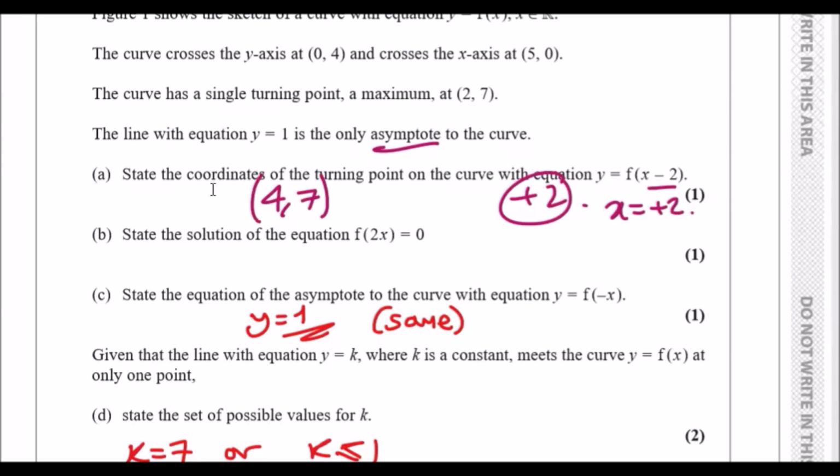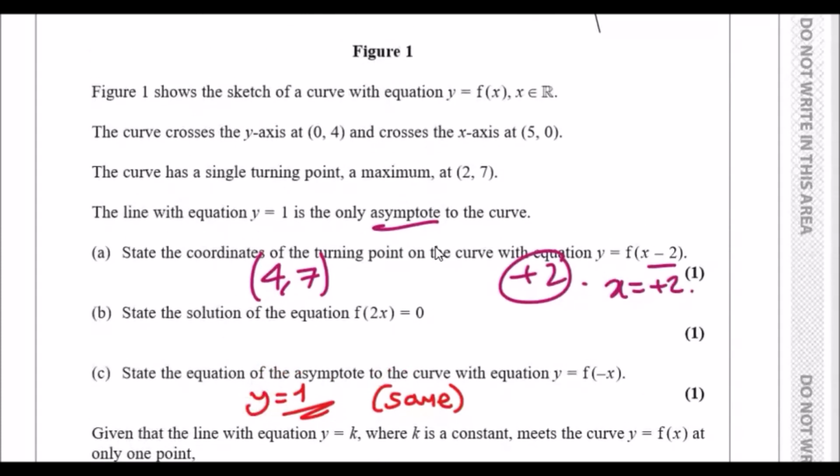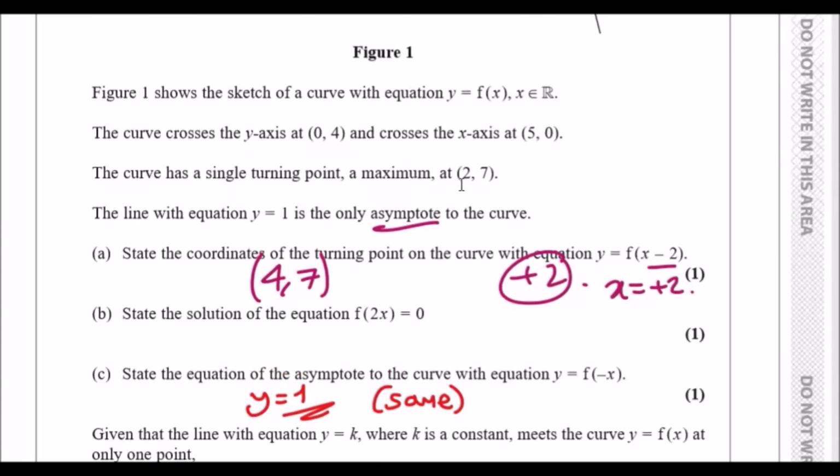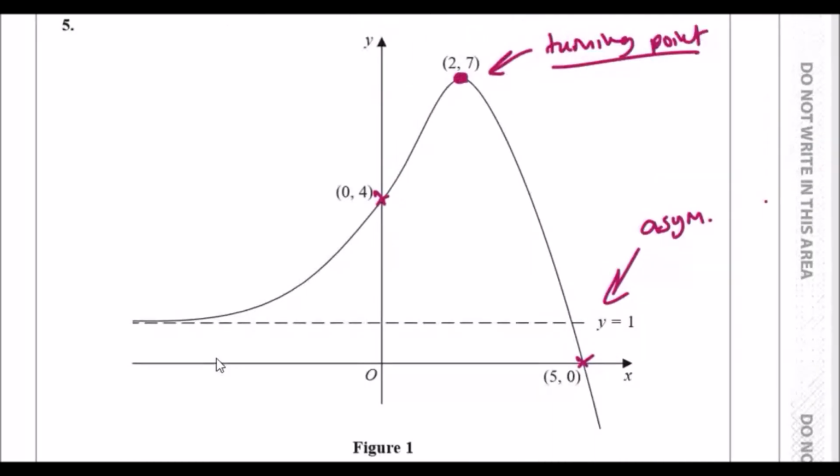B, state the solution of the equation f(2x) equals 0. Notice how this was y equals f(x). This means we're trying to find when the y coordinate is 0, in other words, when it's on the x-axis, because y equals 0 means it hasn't jumped off the x-axis.